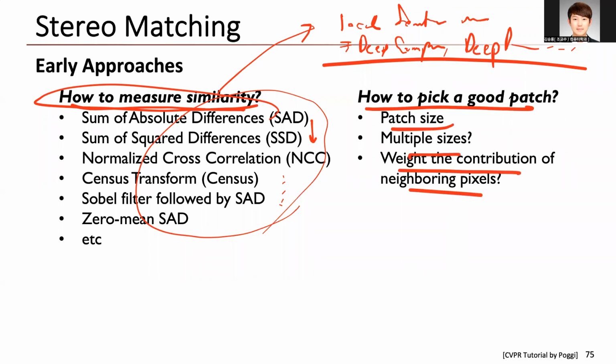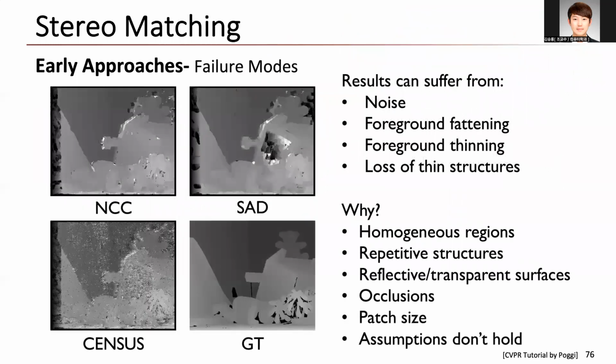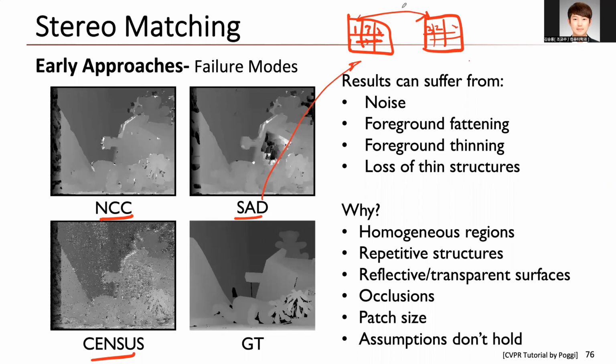But nowadays we consider the deep neural network. But the older approaches considered handcrafted similarity methods, something like the SAD or census transform or the NCC. This is very specific. If we have two patches, 1, 3, 2, 3, blah blah blah, and 2, 3, blah blah blah, then the sum of absolute difference means the difference between pixel values and summation.